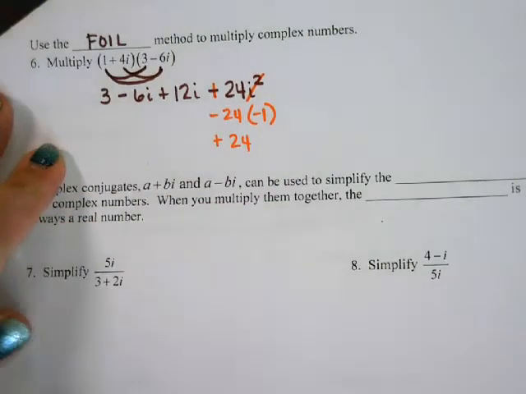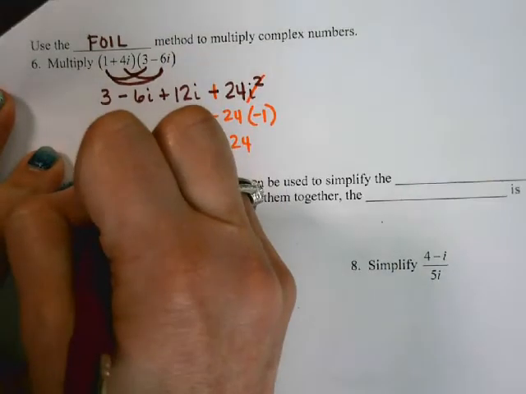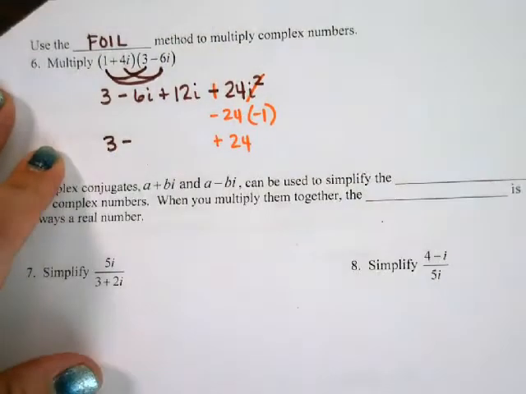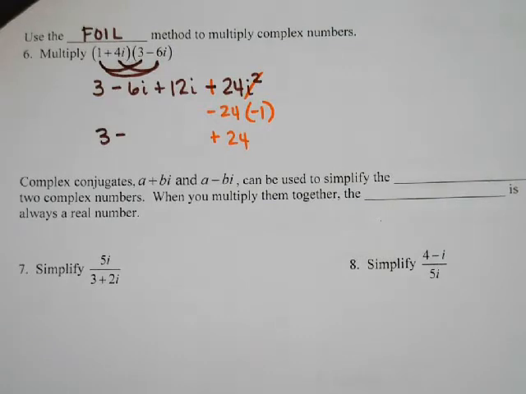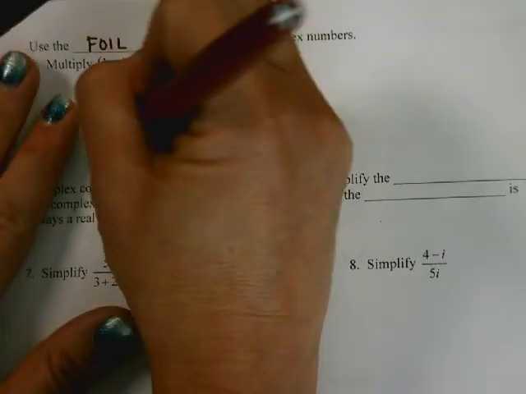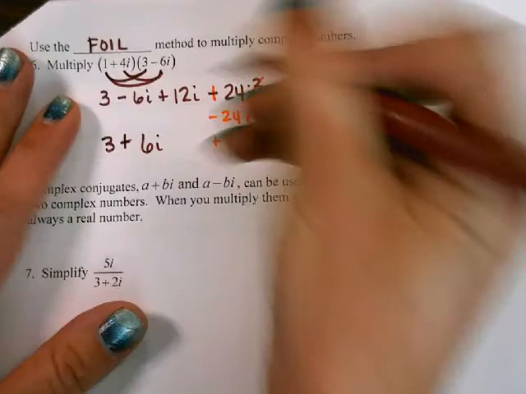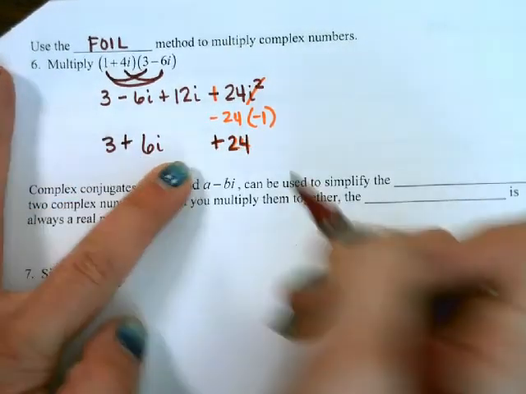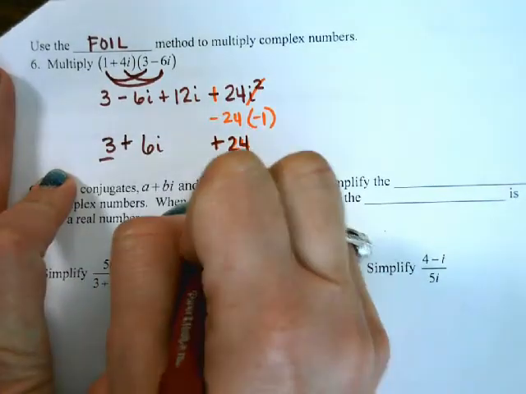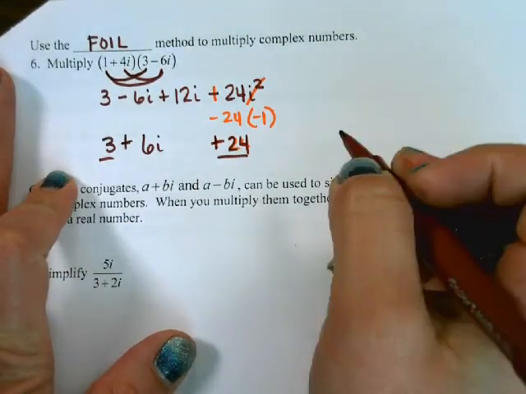Okay, what about the negative 6i and the 12i? What's that guy become? Negative 6 plus 12 is 6. So I have 3 plus 6i plus 24. Guess what? We can combine the 3 and the 24.